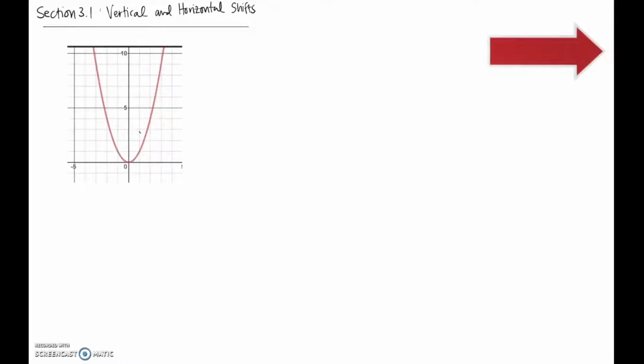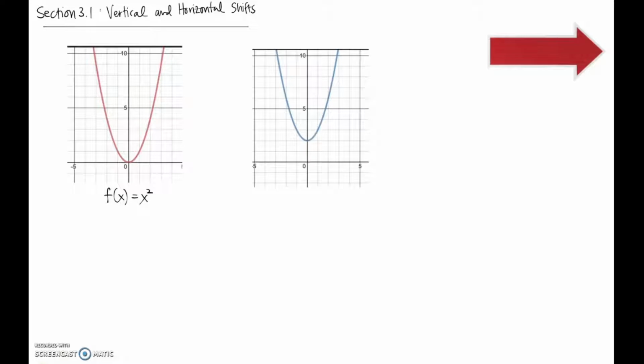I'm going to give you two functions to look at. The first one is f of x equals x squared. And this is the function, we'll call it g of x, x squared plus 2. So just based on these, I'm going to ask you what you think the graph of certain other functions are.